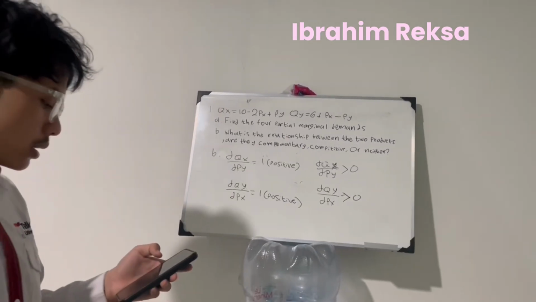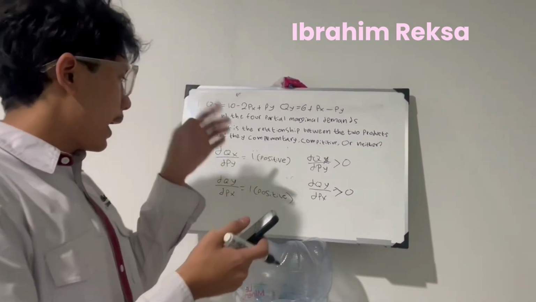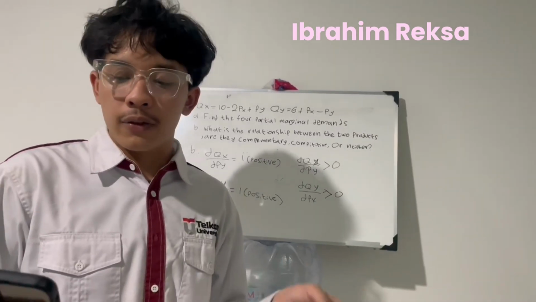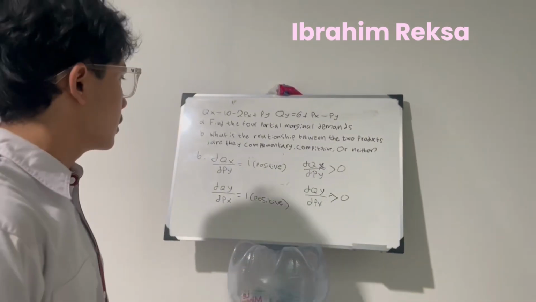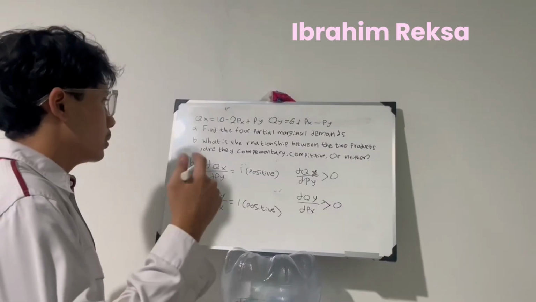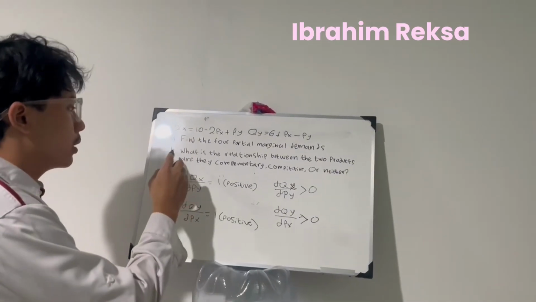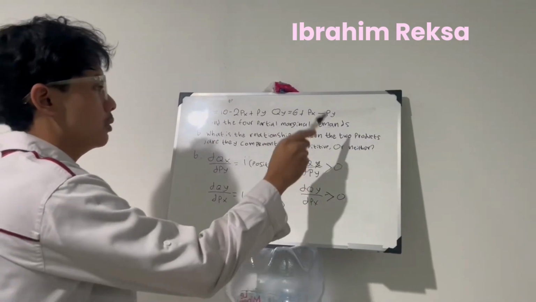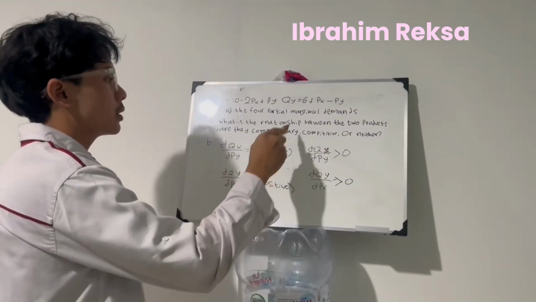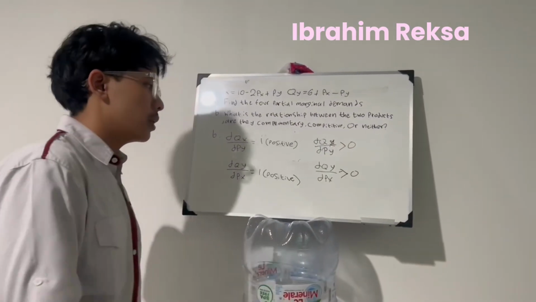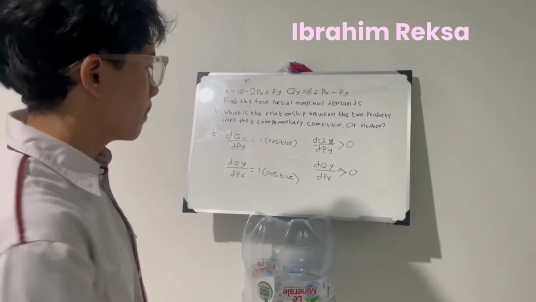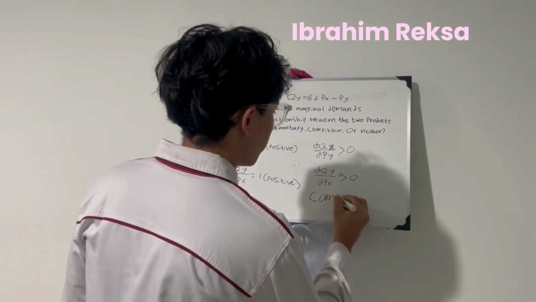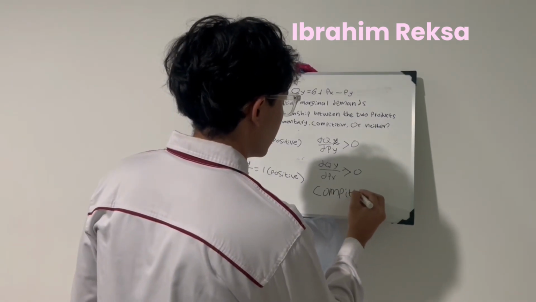So this means product X and product Y are competitive products. So that's the answer for B. What is the relationship between the two products? Are they complementary, competitive, or neither? So it's competitive.